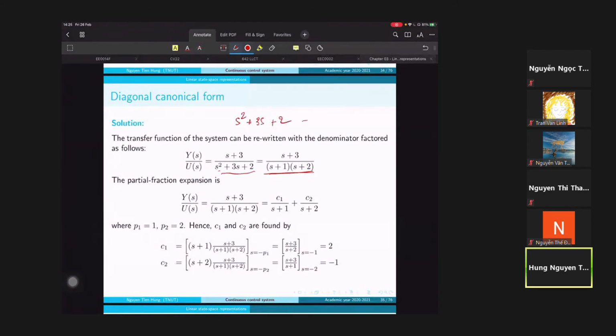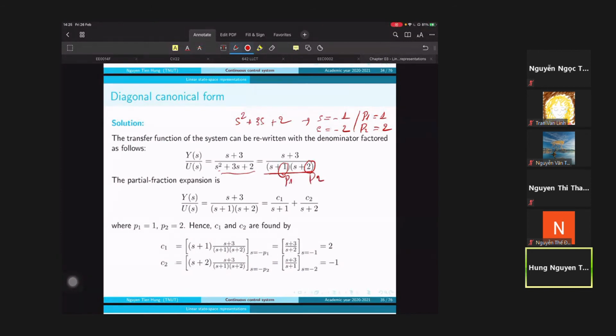Then we find that s equals -1 and s equals -2. So we have two poles: P1 equal 1 and P2 equal 2. This is P1, this is P2.